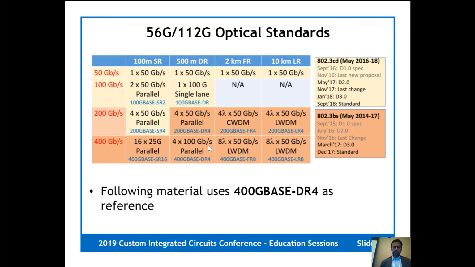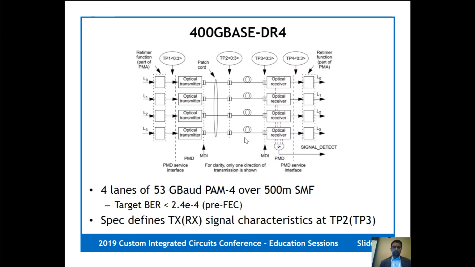So for the following material, I'll pick the 400 gig DR4 standard as a reference. So this is essentially 4 parallel channels of single mode fiber with 100 gig bandwidth per channel, for an aggregate 400 gig bandwidth.